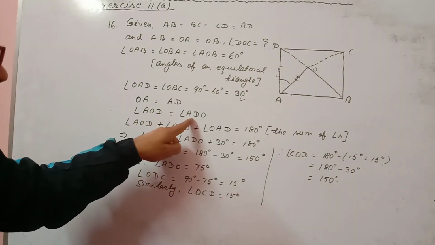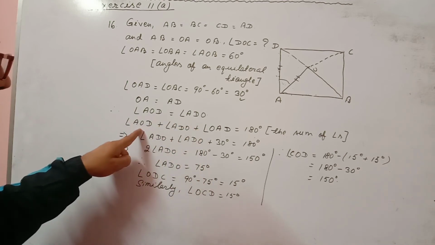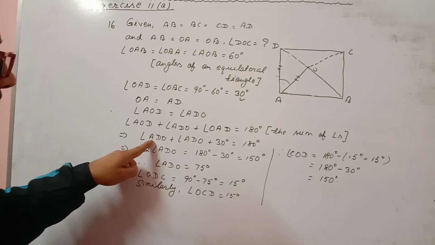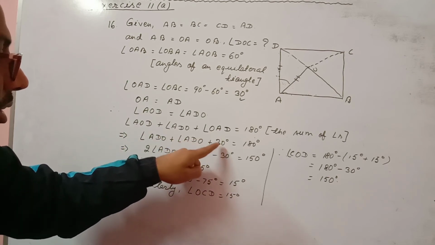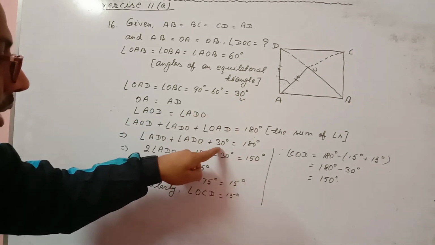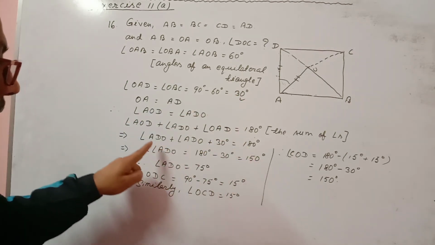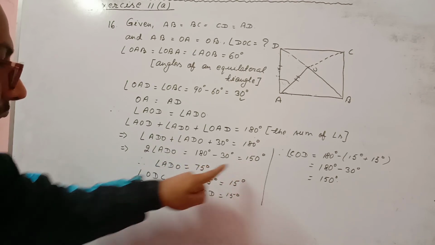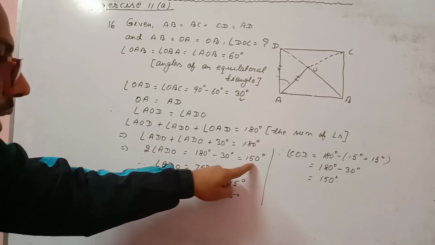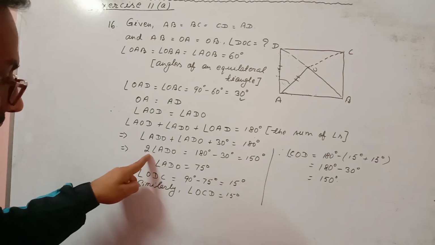These two angles are equal, so I replaced angle AOD by angle ADO. So ADO plus angle ADO plus 30 degree equal to 180 degree. So 2 angle ADO equal to 180 minus 30 degree equal to 150 degree. So angle ADO equal to 150 degree by 2, that is equal to 75 degree.